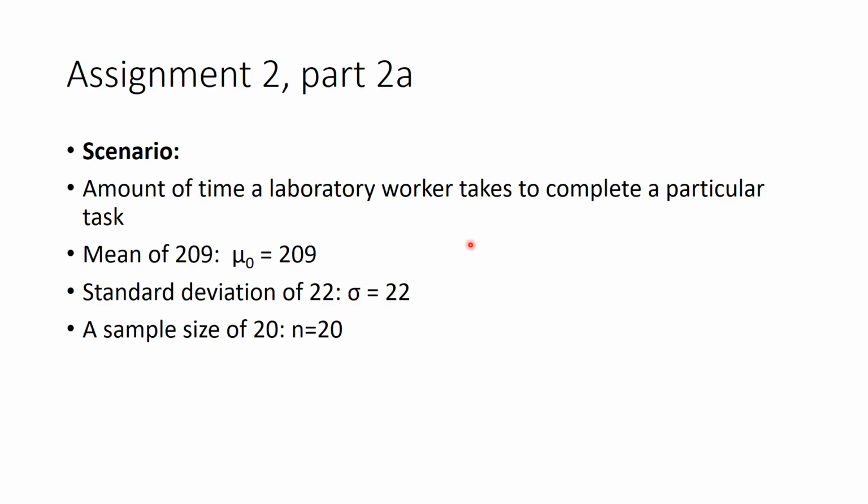This question is from assignment 2, part 2, and we have different questions for part 2A and B. The scenario is pretty much the same. We have the amount of time a laboratory worker takes to complete a particular task.